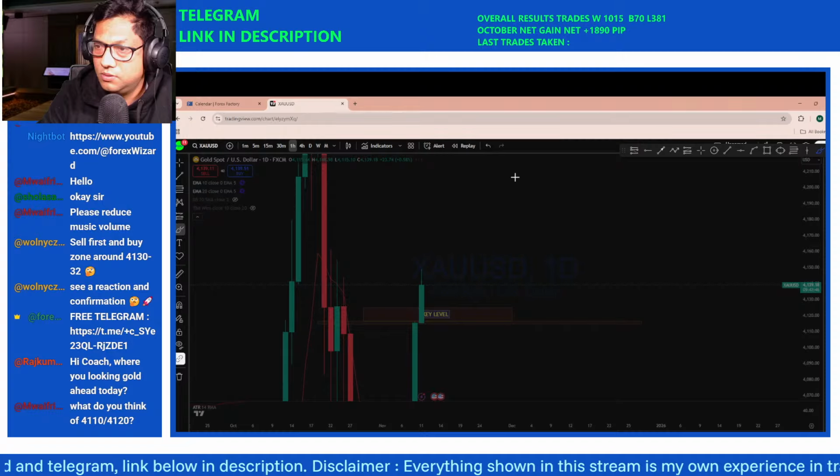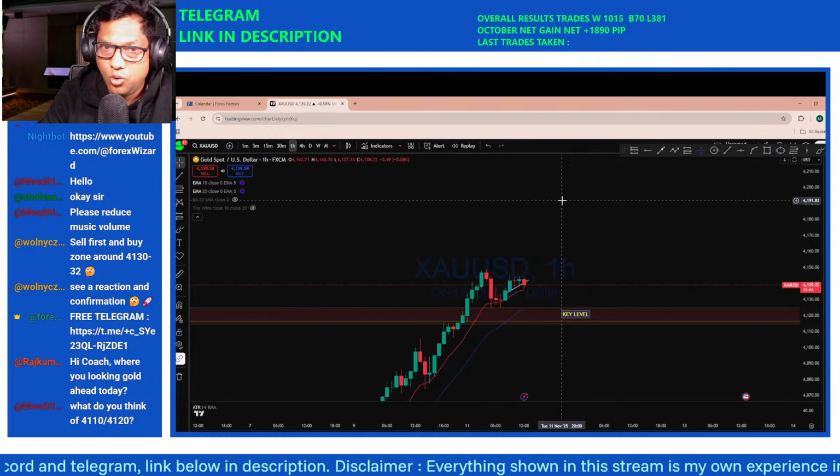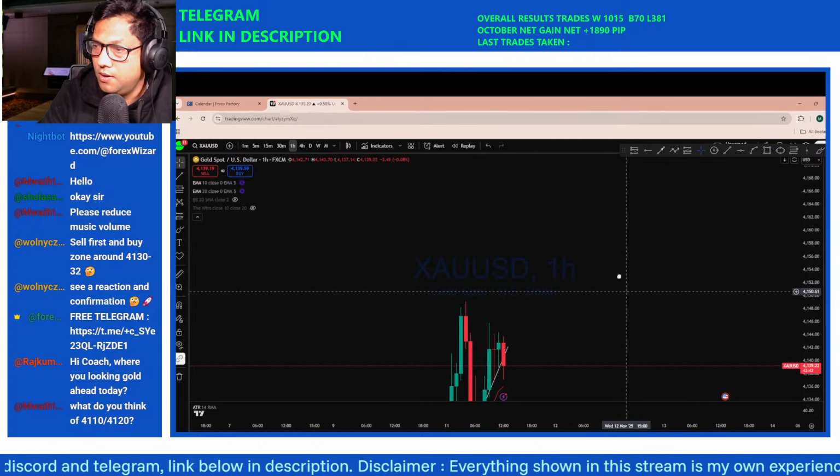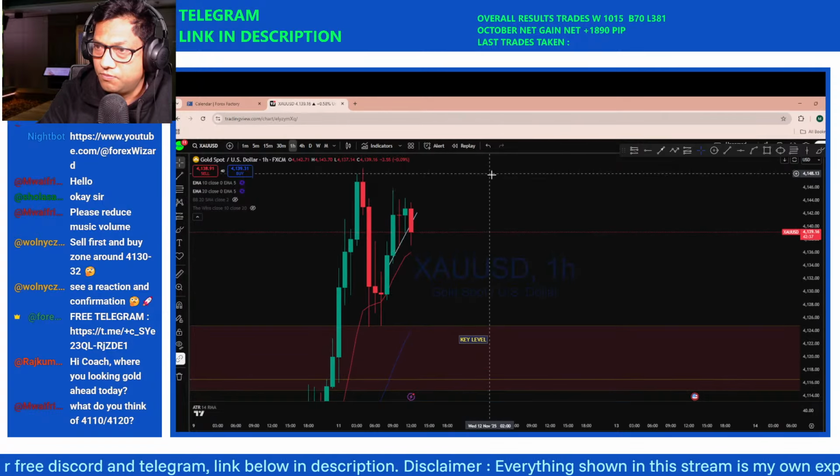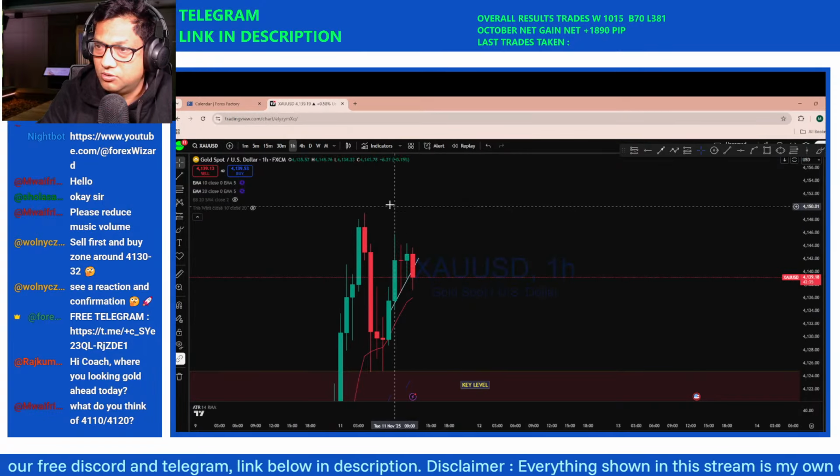So that is where we are looking at potential rejection in this market to continue to rise in the direction of the trend.